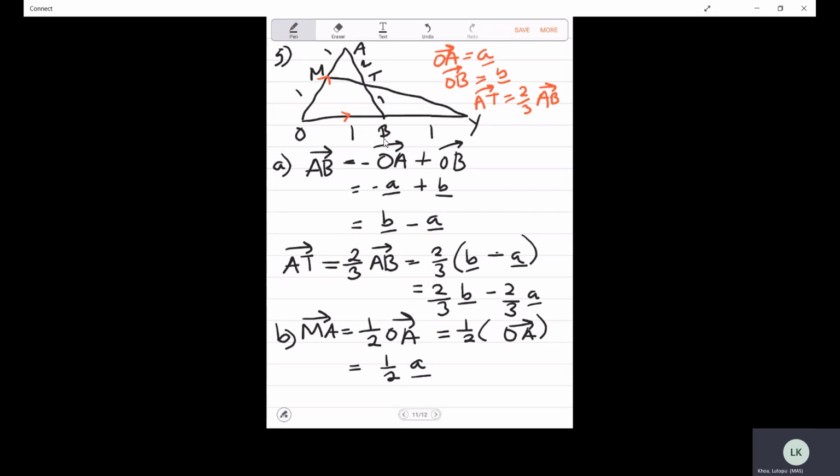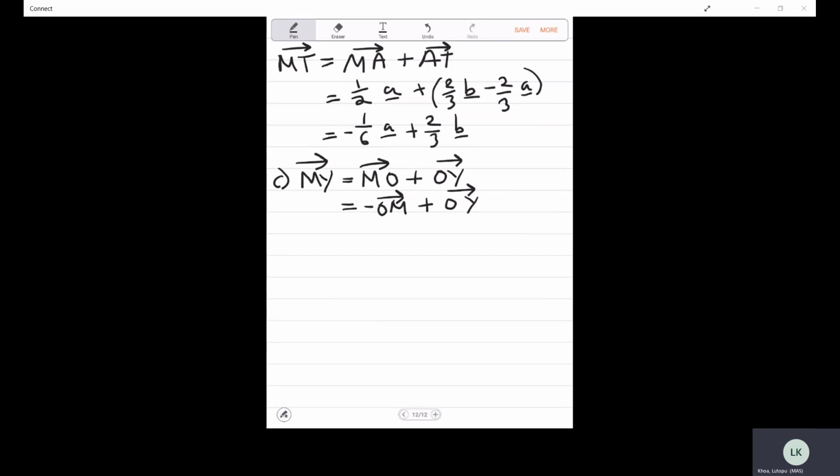This vector from O to B is the same as this vector from B to Y, because B is halfway between O and Y, and they're facing in the same direction. So MA is exactly the same as OM. So minus OM, this is minus half of A. And then OY, this is 2 times B.